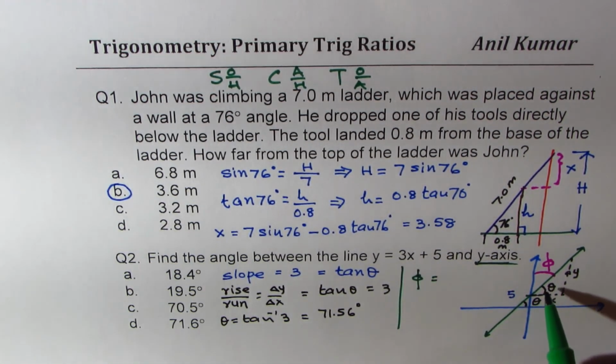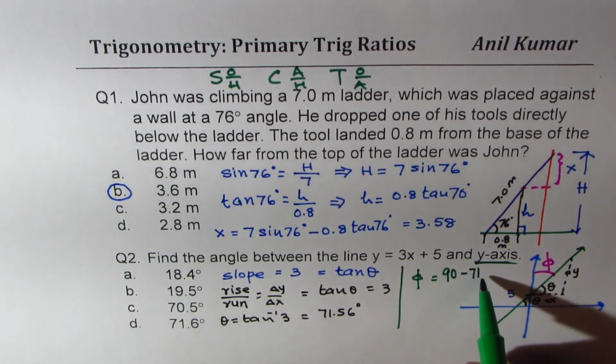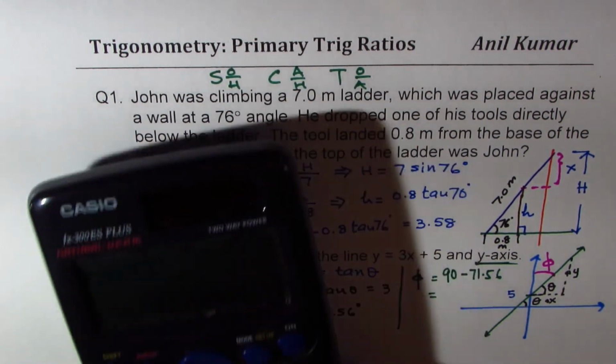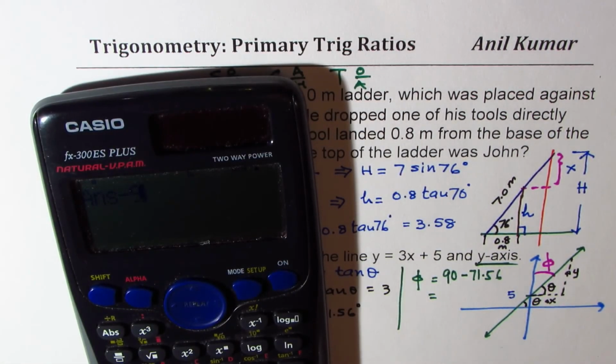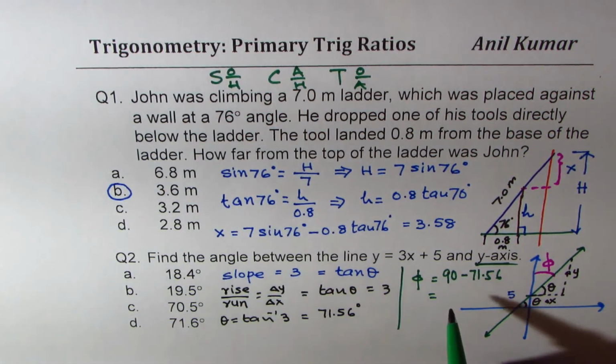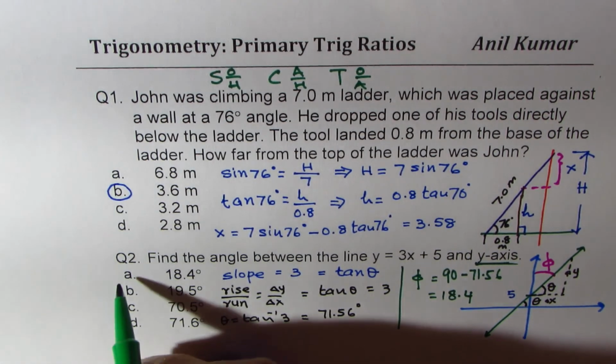What should phi be? Total is 90 degrees, so it'd be 90 minus 71.56. Let's take away 90 from this and get our positive answer, which is 18.43. So we get 18.4. So that is the first option.